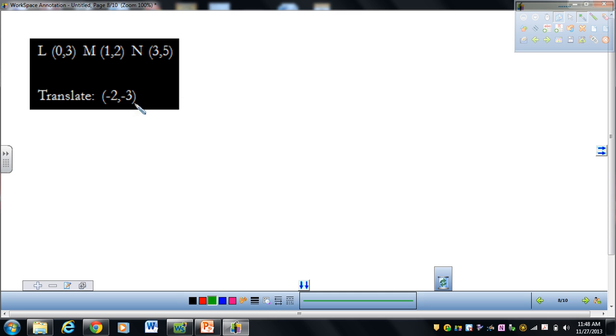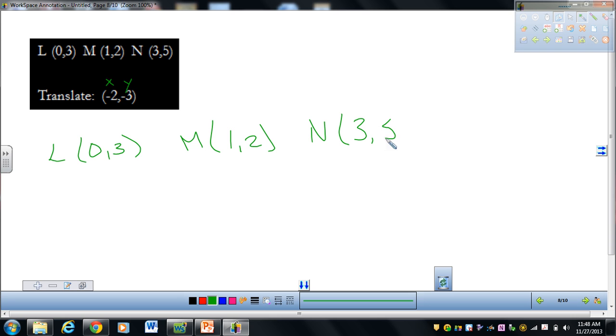Okay, and here we have the lazy way, where they just know that that's the x value, and that's the y value, and that's what you should do to x, and that's what you should do to y. So, if we have our points, L is 0, 3, M is 1, 2, and N is 3, 5.